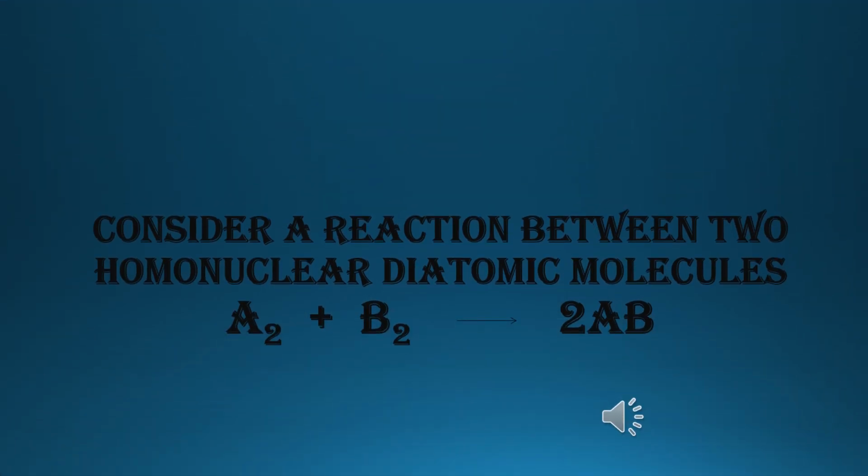Now let us try to see these two conditions elaborately by taking a typical example. Consider a reaction between two homonuclear diatomic molecules, A2 and B2. They react and form two AB molecules.